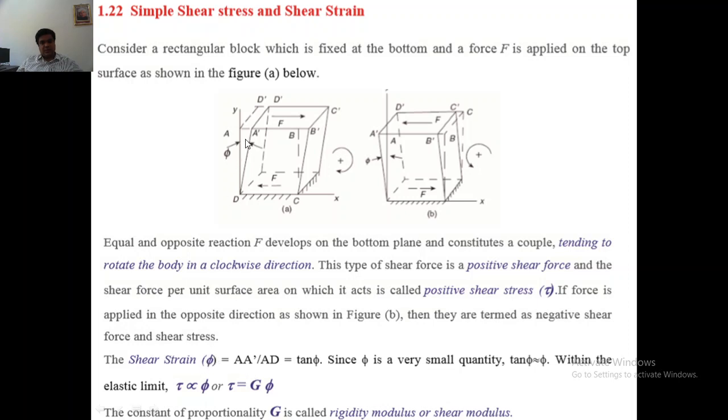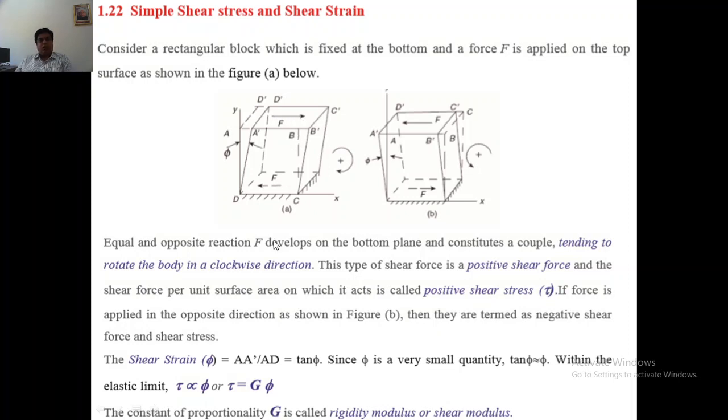It's nothing but opposite by adjacent. So opposite is A dash and adjacent is AD. So this tan of this phi angle is called as shear strain. So we have the shear strain and the shear stress because of this shear force.